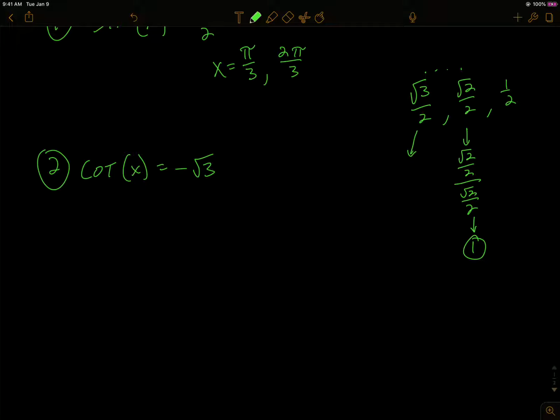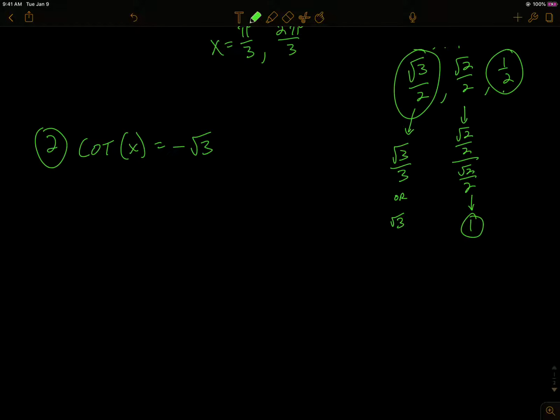But then for these, if I combine root 3 over 2 and 1/2, the numbers we're going to get are either root 3 over 3 or root 3, depending on which fraction I make. We want to recognize these numbers.